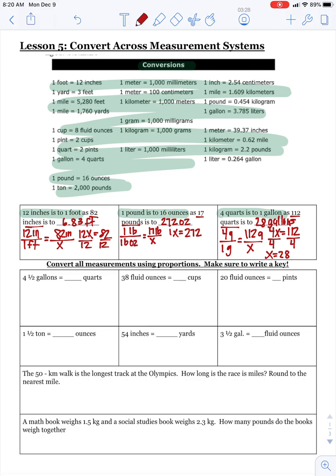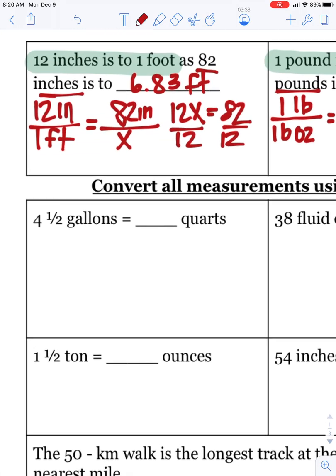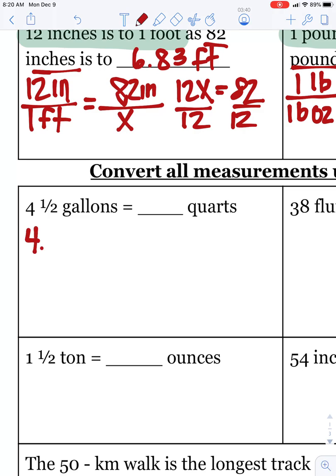These next 6 problems, there are going to be no conversions, and you have to go back up to the top where I highlighted, and you have to actually look for the conversion. So in the very first one, I'm going to write down 4.5 gallons, and I'm looking for quarts. So that's going to be my X. I think it's a little confusing to write it like that, so I always just leave the X by itself.